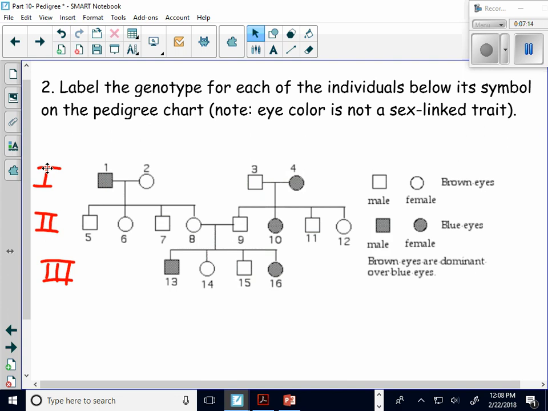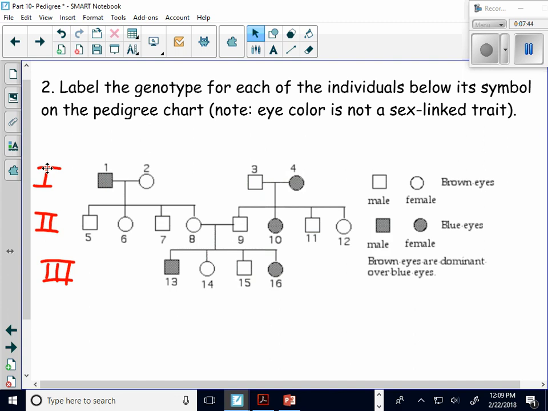Who can tell me where they would start? Where would you start? Brandon? With the shaded ones. Because why? Blue. Shaded ones are blue. They are recessive. Let's put one more word in there. They are what? Homozygous recessive, right?